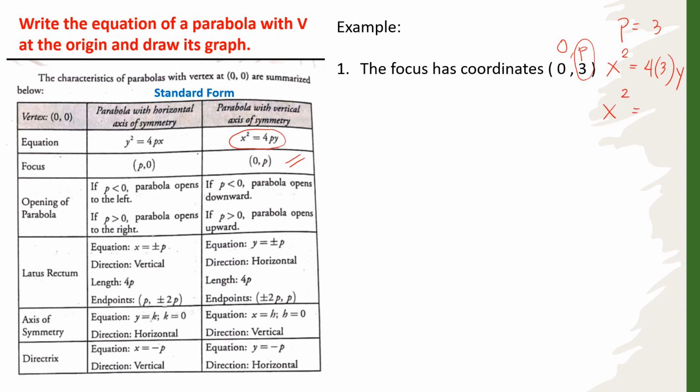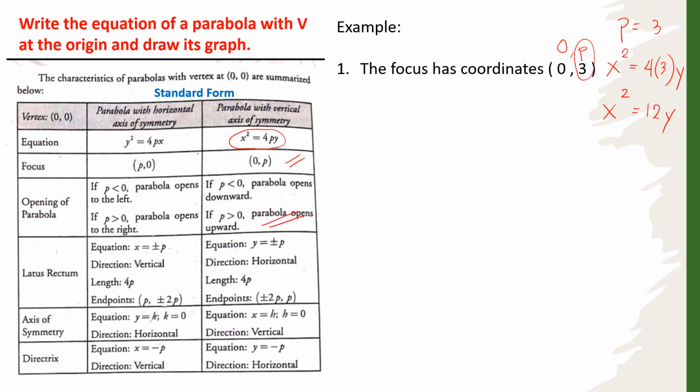Of course, the answer is 12. So, our answer is what? X squared equals 12y. Now, to draw its graph, p is equal to 3 and 3 is greater than 0.